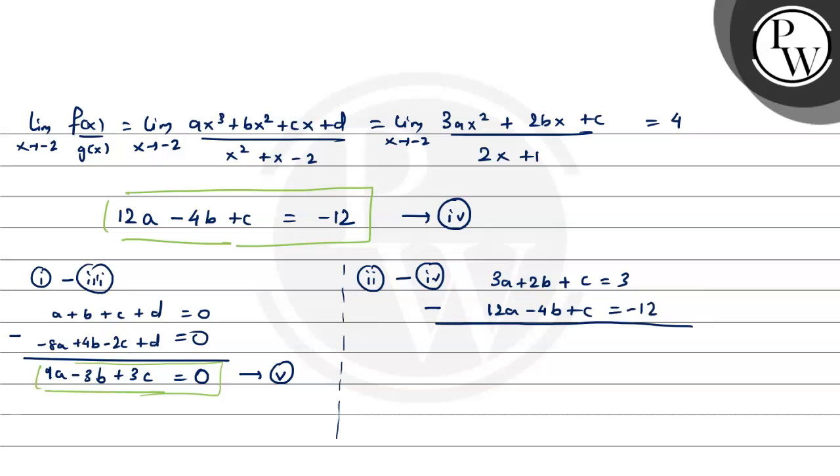So this simplifies to minus 9a plus 6b is equal to 15, which can be reduced to minus 3a plus 2b equals 5. Now let's call this equation 6.